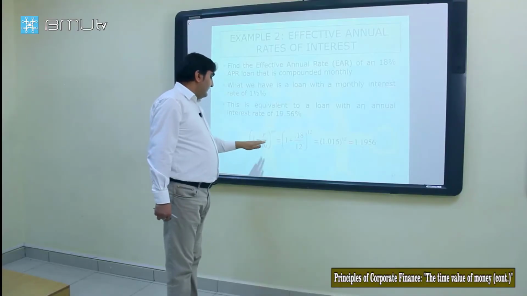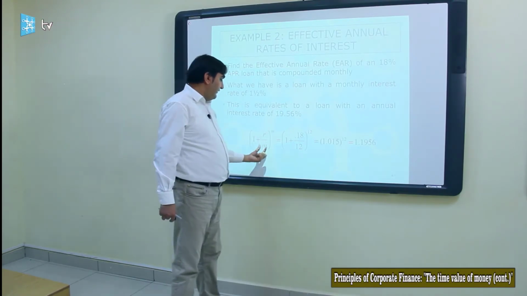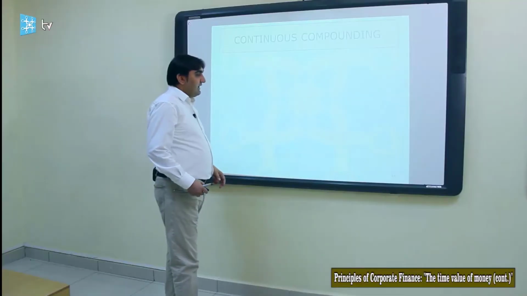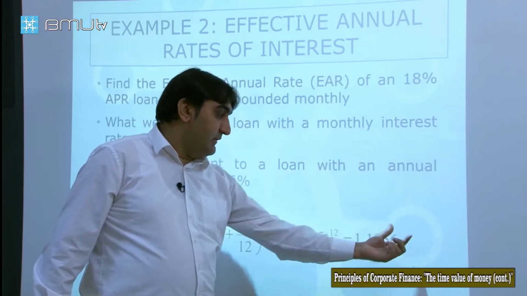If you calculate it this way, effective annual rate equals 1 plus rate divided by number of periods, to the power of number of periods. 1 plus 18% APR divided by 12, that's because of monthly payments, to the power of 12, and this is 1.19. If we minus 1, we get the rate 19.56.